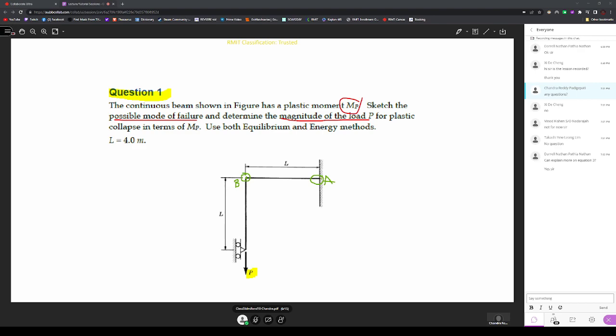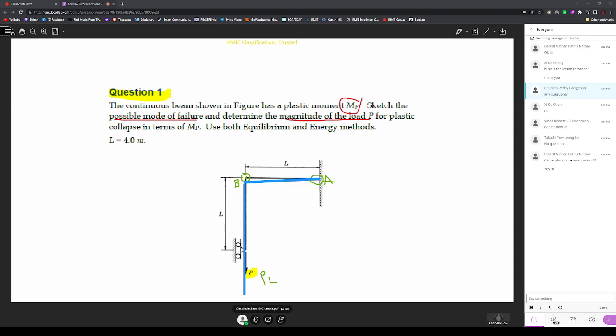When the load increases to plastic load, you can expect the beam to have a deformation. Instead of being straight, there may be a small deformation of the beam, and the beam goes like this.